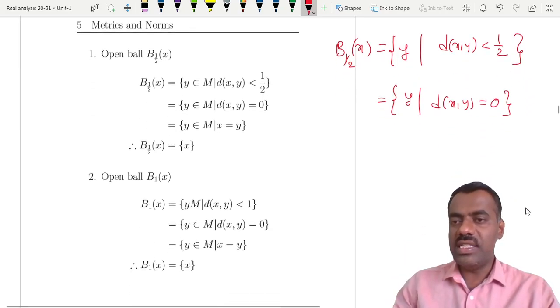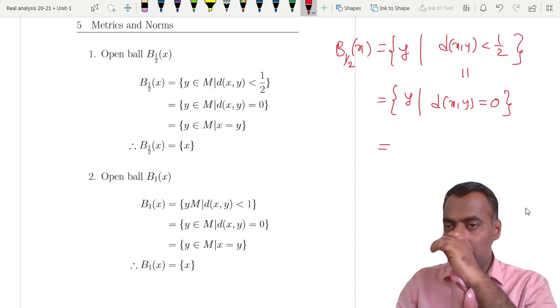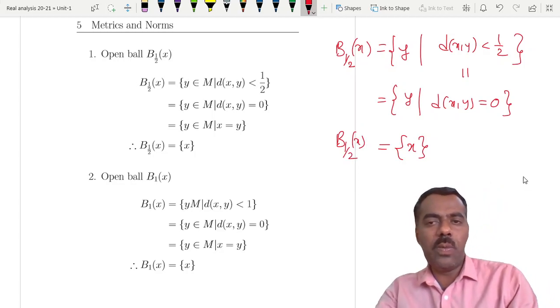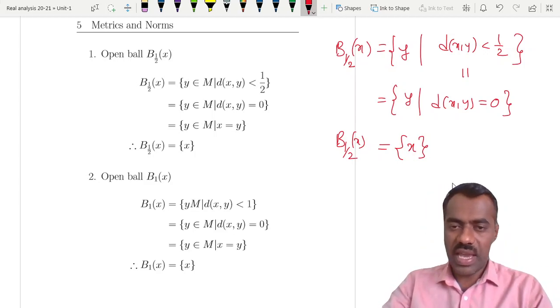This set is the same as this set, because if the value is 1, it doesn't satisfy. So all y such that d(x, y) is equal to 0, but when the distance between x and y is 0, it is the same as x equal to y. So this is actually a singleton set. The open ball around x of radius half is equal to {x} only.